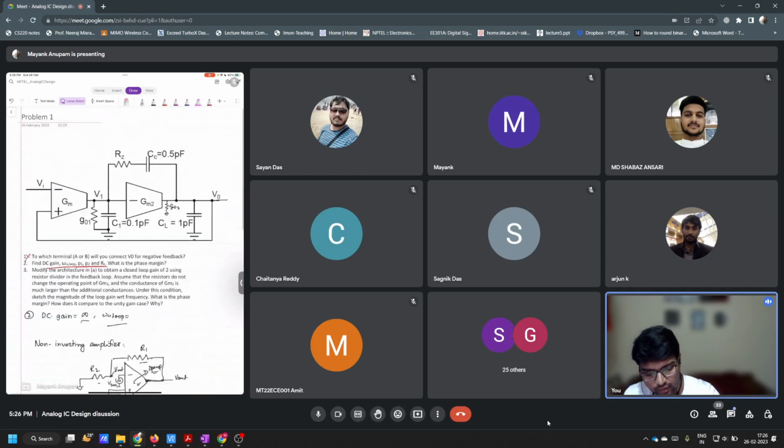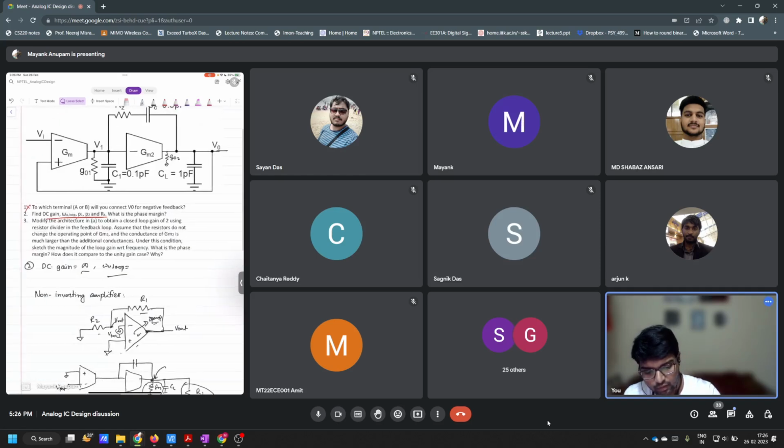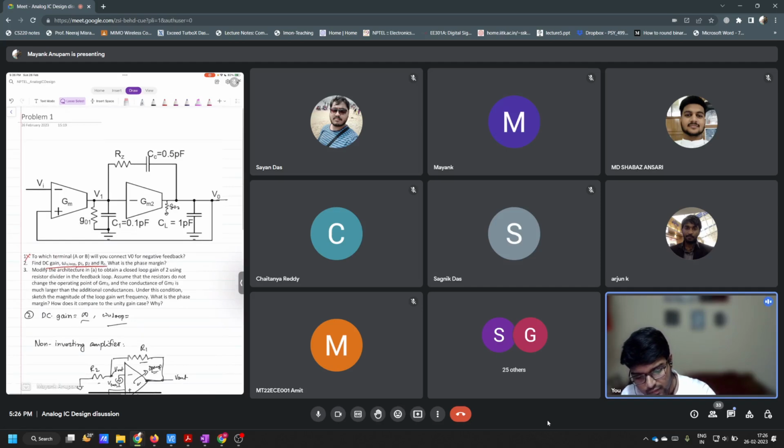Output resistance, I think I already talked about it, right? Let's say you have to find the output resistance here. This is a closed loop system. There is nothing broken in this system, right? You do not have to break the loop here. If someone asks you what is the output resistance in the closed loop system, then you simply have to apply a test voltage here, and then find out what is the current coming out of it.